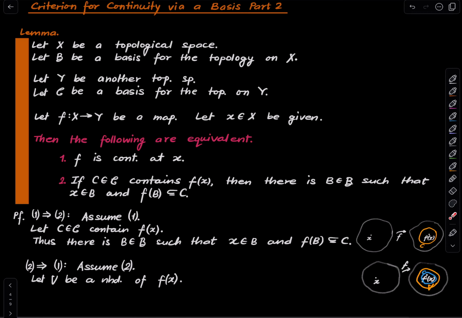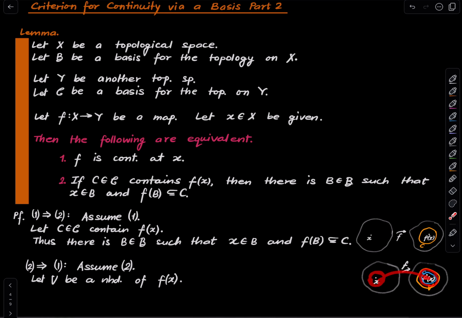So there is some capital C in script C which contains fx and which is contained in V, right? And now by the assumption that 2 holds, there is some B in script B whose f image is inside C, right? But if its f image is inside C, its f image is also inside V.